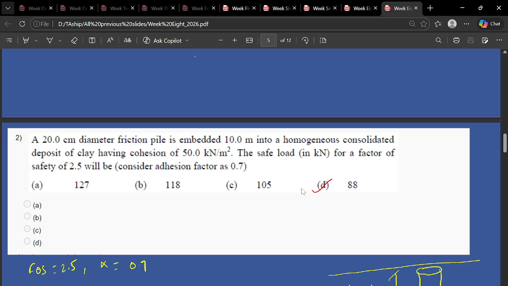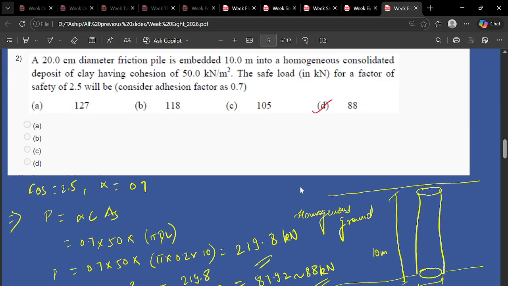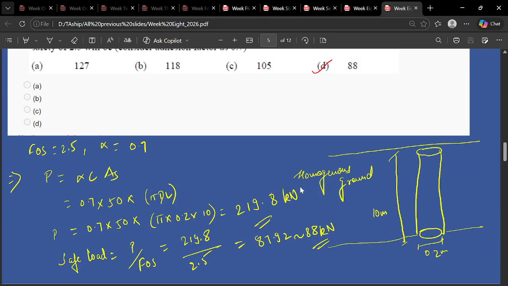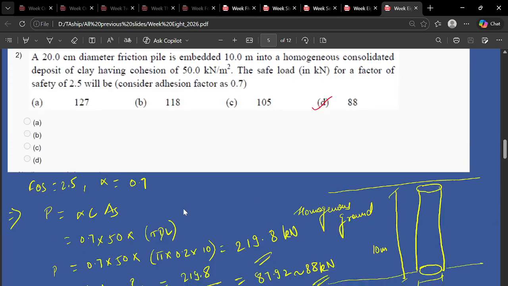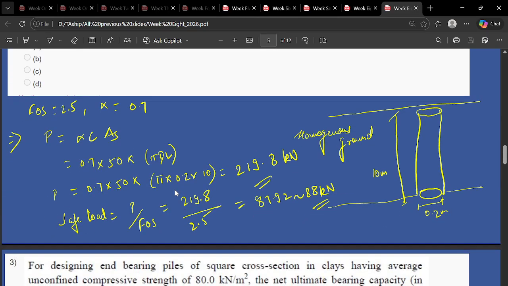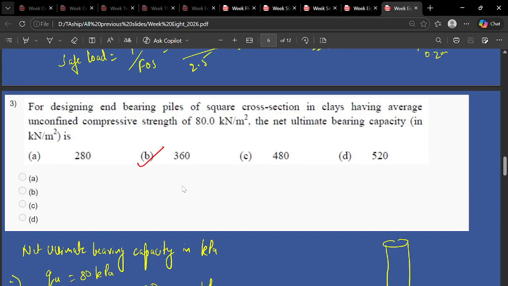The pile resists the overlying load using two factors: the shaft friction and the end bearing capacity. With the shaft friction, you can calculate how much shaft friction capacity is available, and by analyzing the capacity of the soil beneath the pile tip, we can calculate the end bearing capacity.